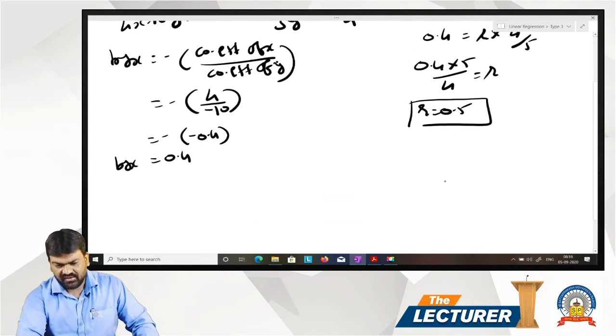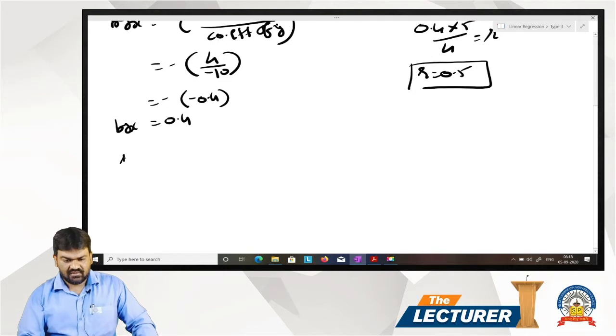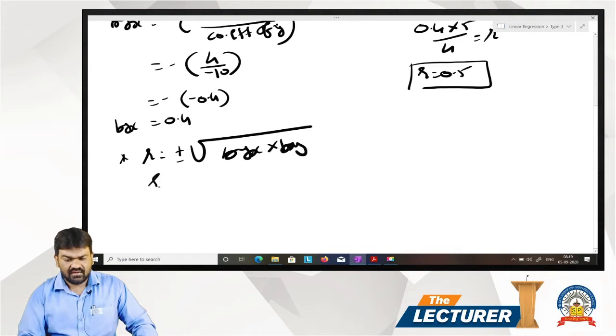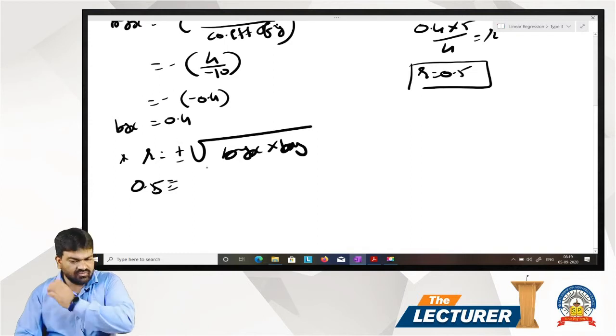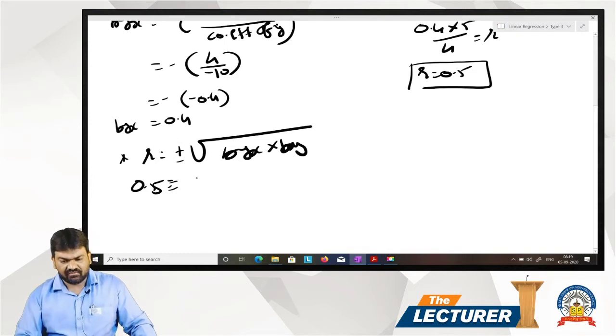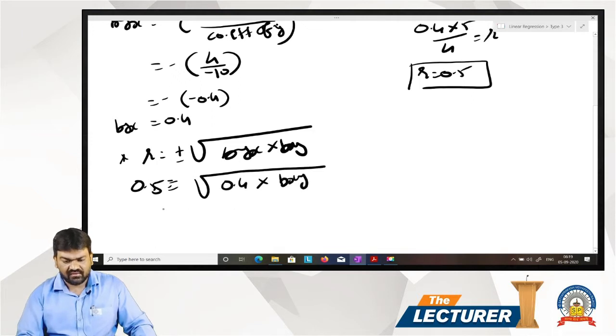Now bxy. r is equal to plus or minus root of byx multiplied by bxy. r is 0.5. Our both answers are plus, so bxy will also be plus. 0.5 is equal to under root 0.4 multiplied by bxy.